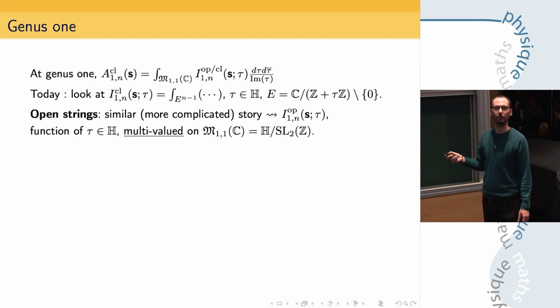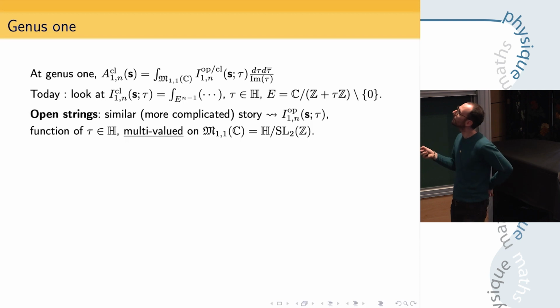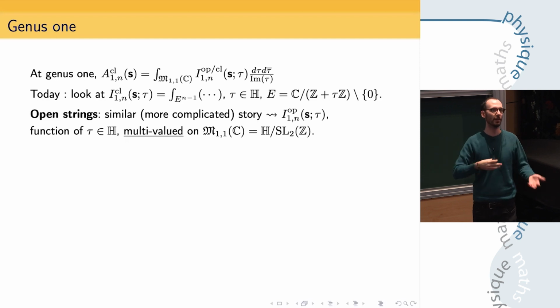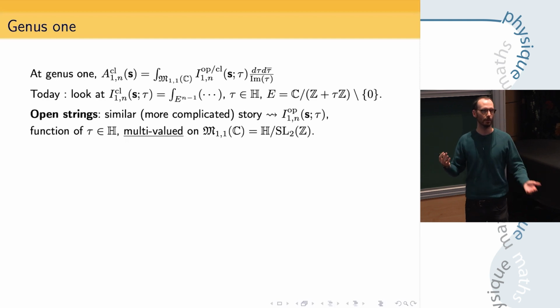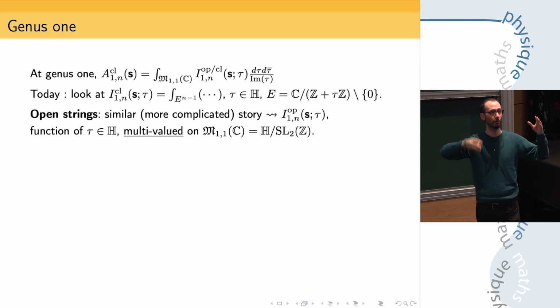So can you repeat, this E to the n-1 is a configuration space, is that right? Of n-1 points, is that right? No. So this is the compactification. E to the n-1 is just n-1 copies of this torus. But what you should really think of is that you want to consider the configuration space of n-1 points on the punctured torus, which is the same as E to the n-1, but you remove the diagonals.